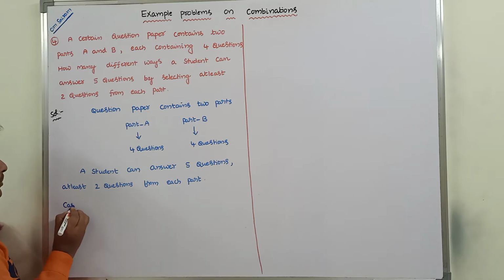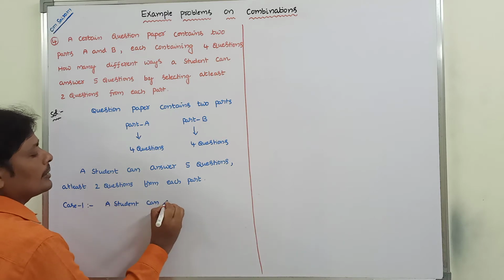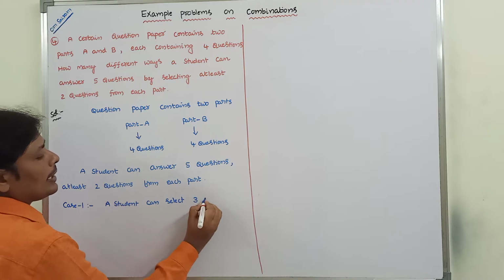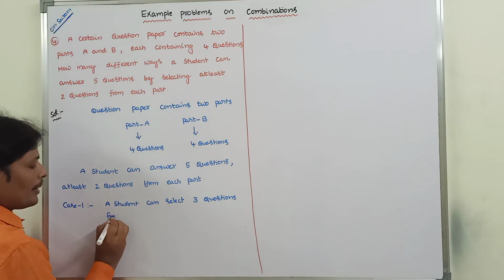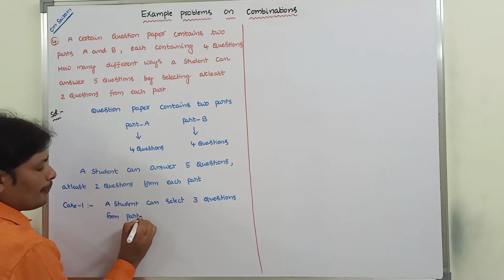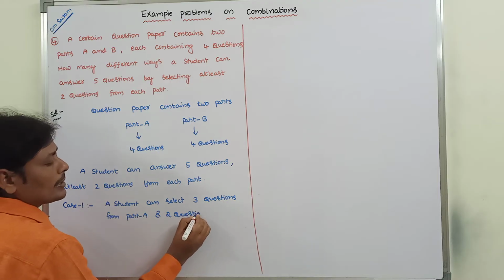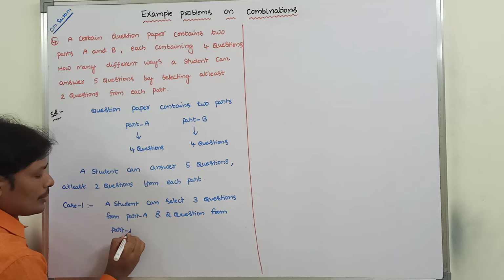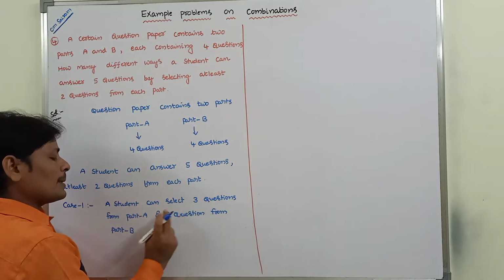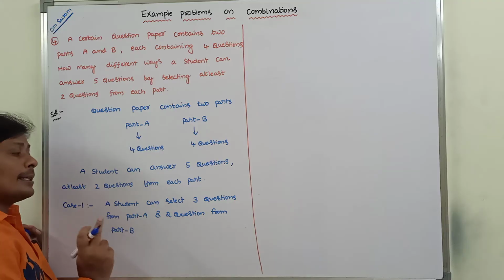Case 1: a student can select 3 questions from part A and 2 questions from part B. Total number of questions a student can answer is 5 questions.